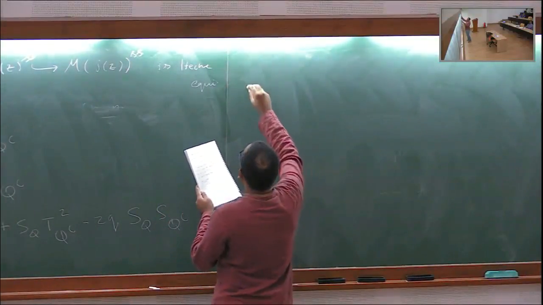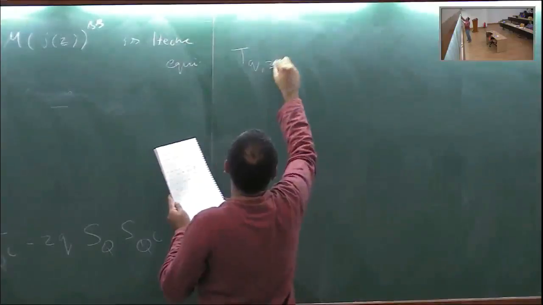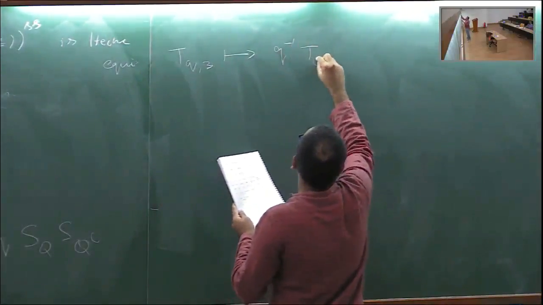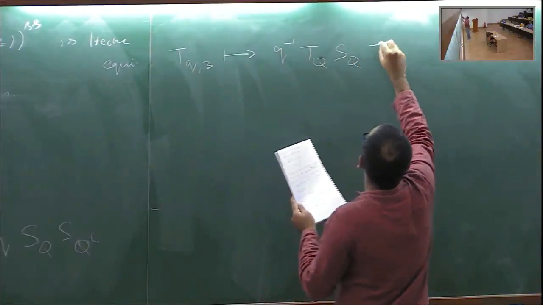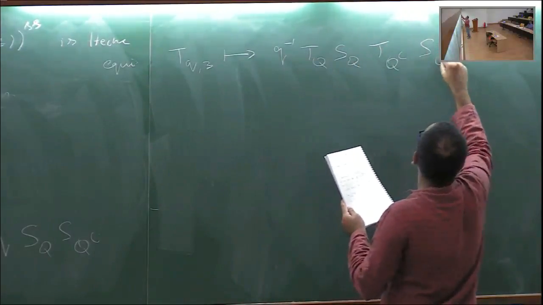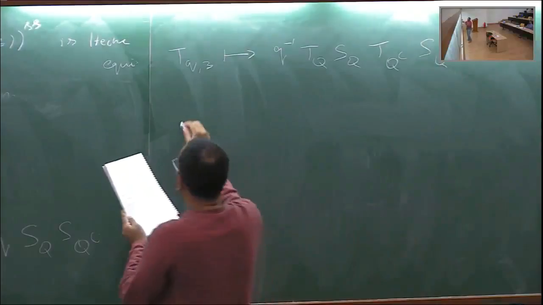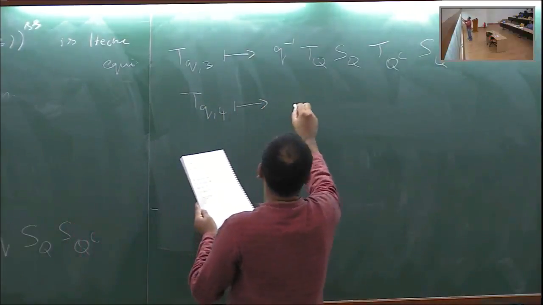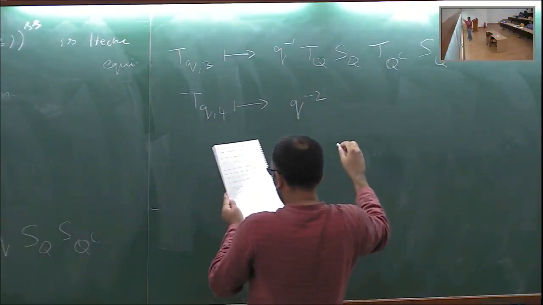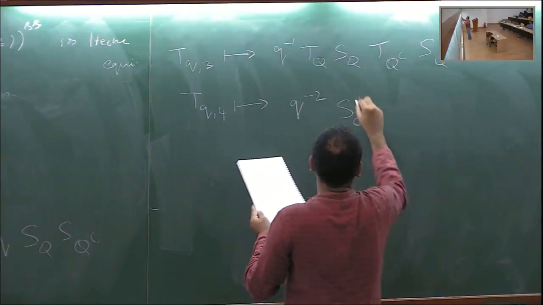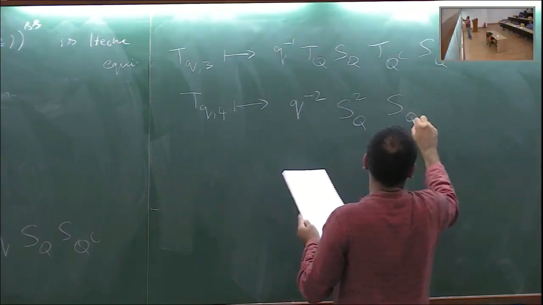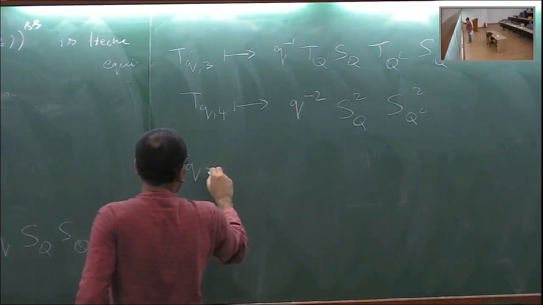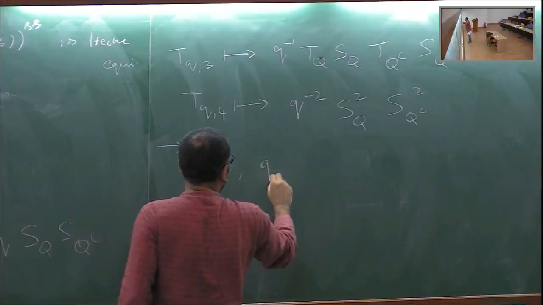And then Tq3 has to go to q inverse Tq Sq Tqc Sqc, and Tq4 goes to q to the power minus 2 Sq square Sqc square. And then q not equal to p, q inert.